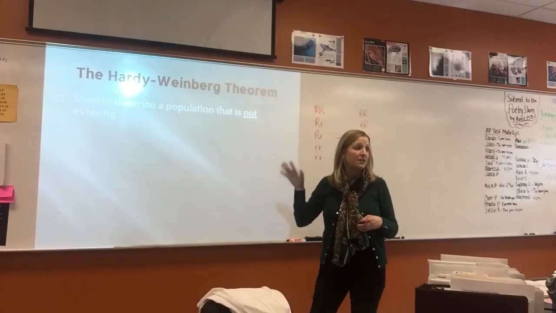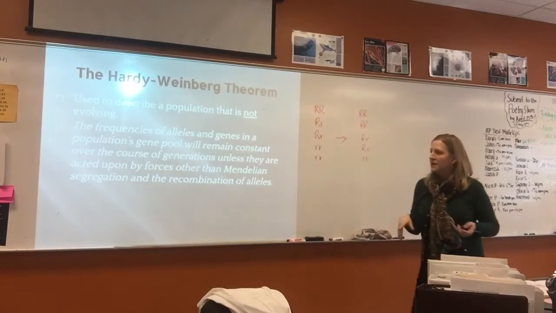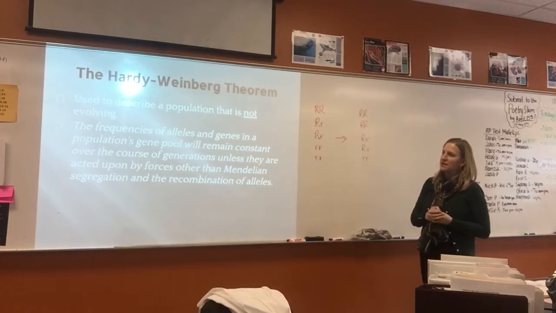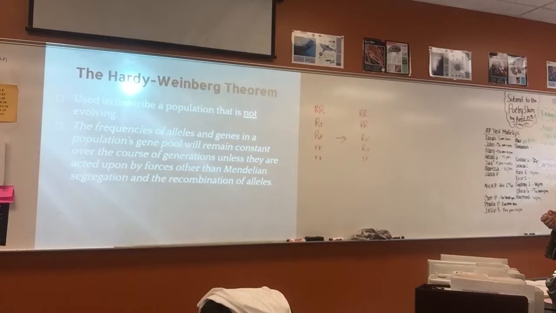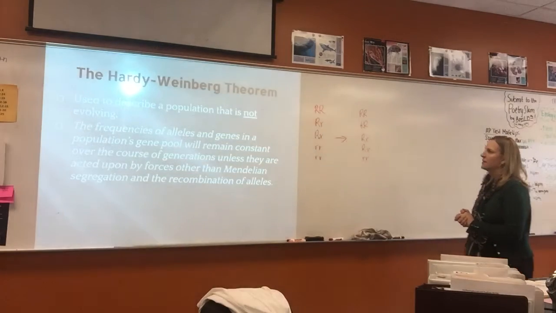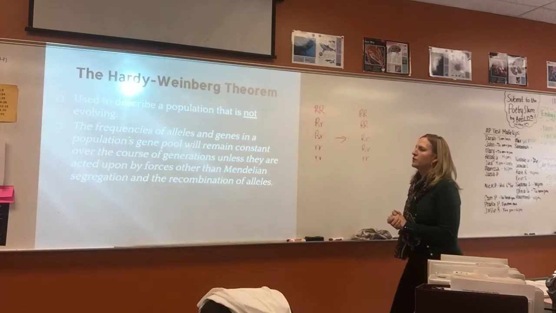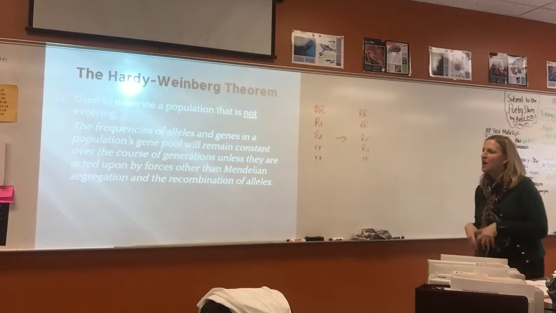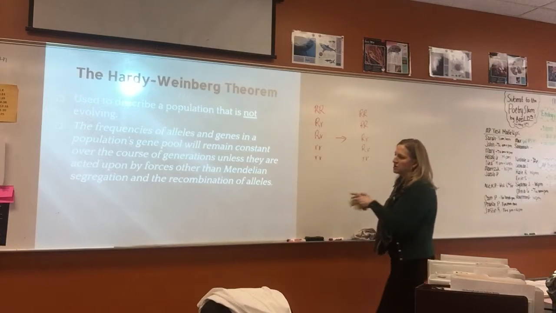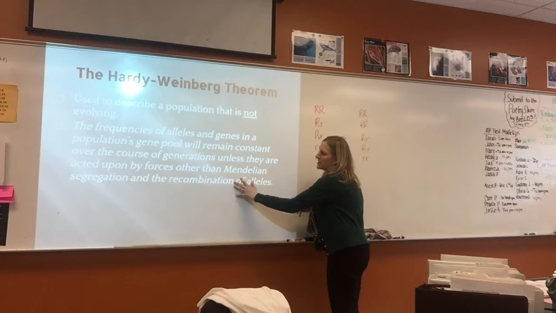We're going to spend a few minutes on what it means for a population to be not evolving. It means the frequencies of alleles and genes in a population's gene pool will remain constant over the course of generations unless they are acted upon by forces other than Mendelian segregation or recombination of alleles. What does this mean?